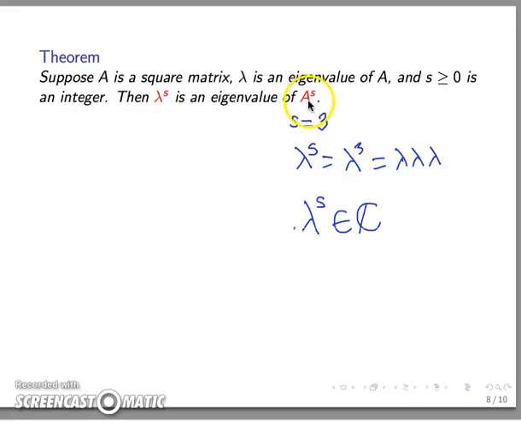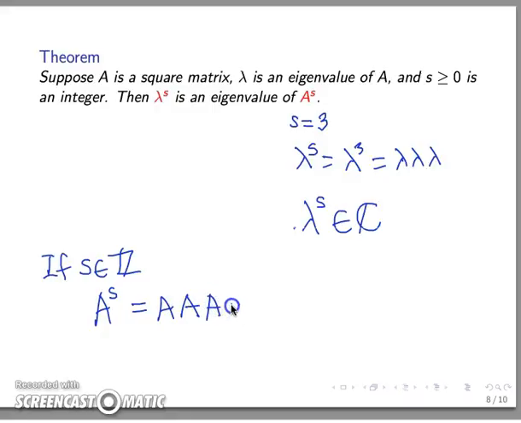And so maybe we should also illustrate what that means. So A to the S, as S is an integer, the notation A to the S denotes exponentiation of matrices in the sense of multiplying the matrix by itself a number of times.